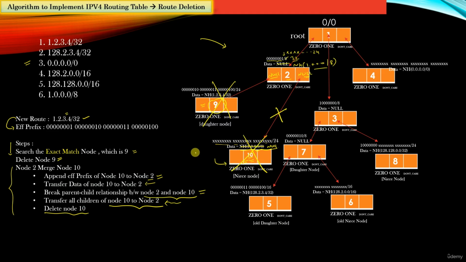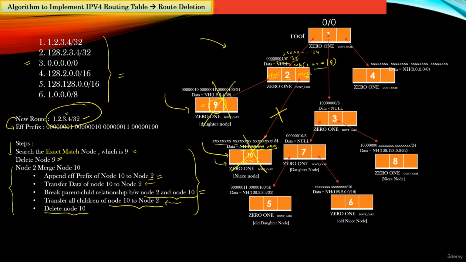It will take you a couple of times, two or three, of practice to actually exercise this route deletion algorithm. So don't worry, we will delete all these routes one by one from this mtry data structure. Now you must be eager to see what the final mtry data structure looks like when the route 1.2.3.4 has been deleted. You can see that deletion of a route from the mtry resulted in the deletion of two nodes, in this case node number 9 and node number 10.